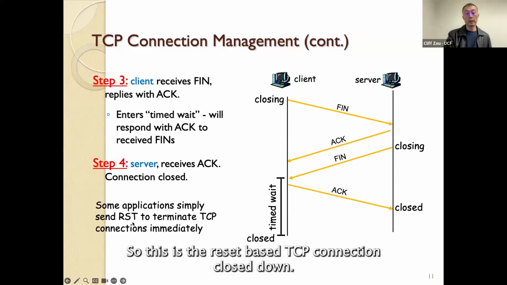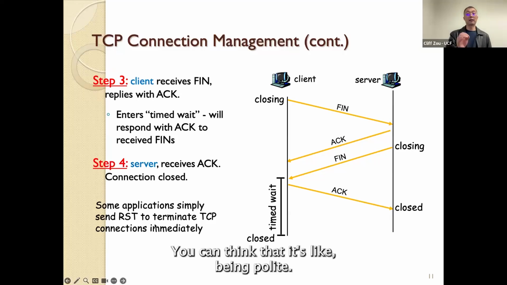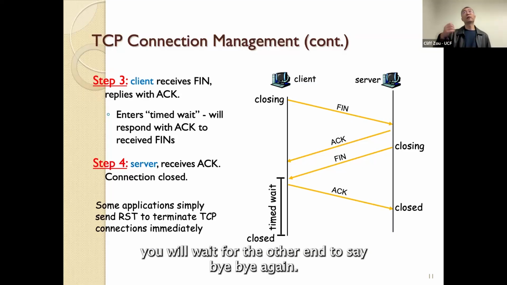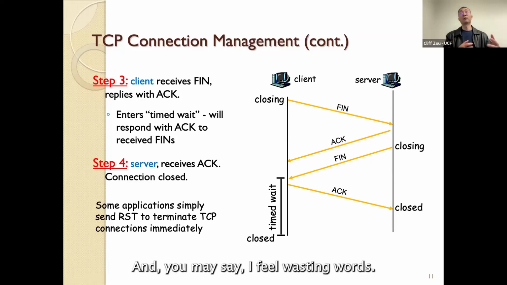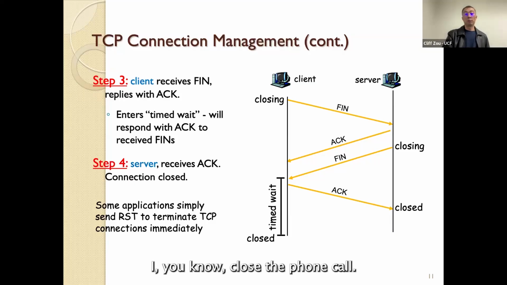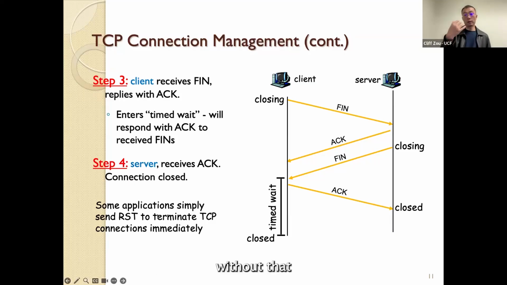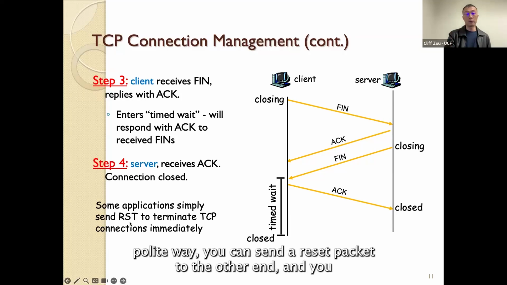So this reset-based TCP connection closedown, you can think of it like an impolite goodbye. Normally when you say goodbye over a phone, you will wait for the other end to say bye-bye again, and you may say a few wishing words, then you close the phone call. But if you want to shut down the phone call without that polite way, you can send a reset packet to the other end, then you just leave.